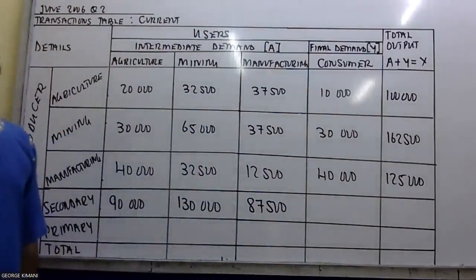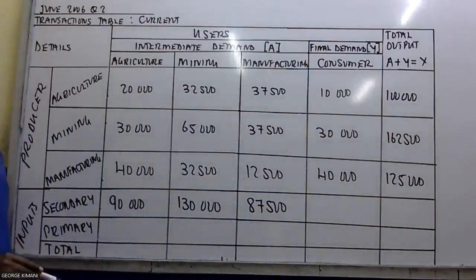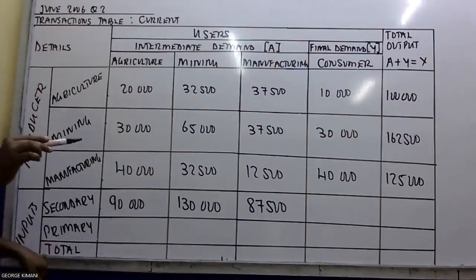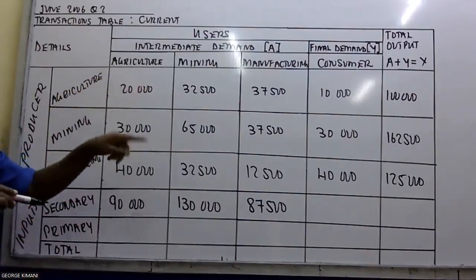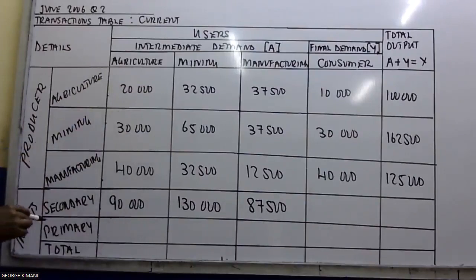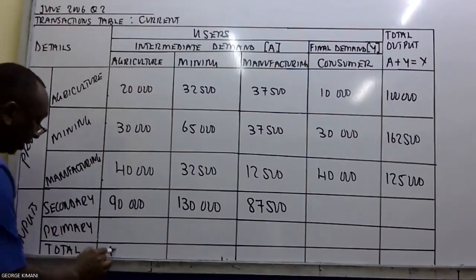Now, one of the assumptions that you see in your notes is that there are no returns to scale. The meaning of that is that the exact input you put in will be the exact output. In other words, what you put in is exactly what you get out. So if that is what we got out, it means in agriculture, we had an input of what? 100.